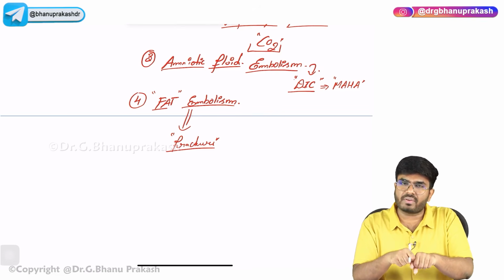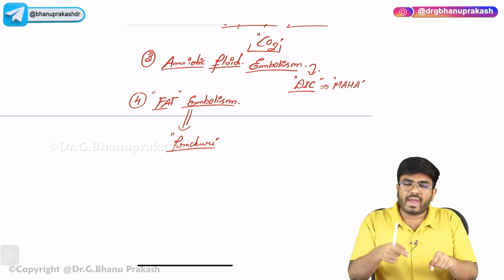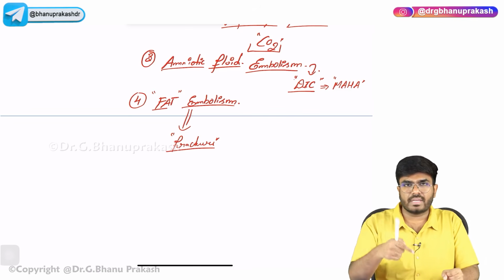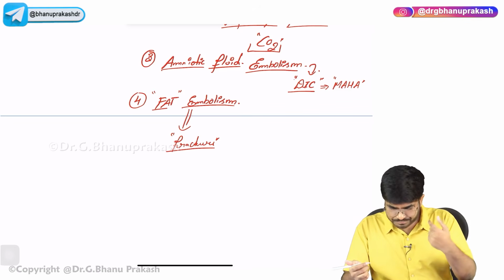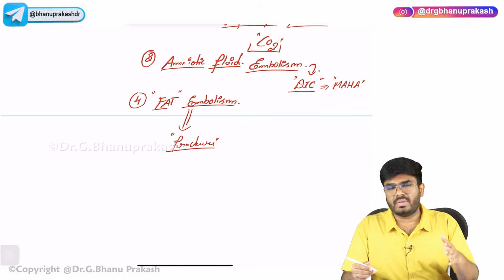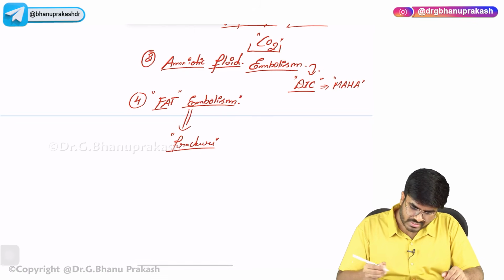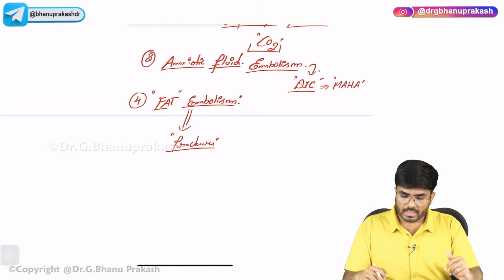If there is a fracture, definitely blood vessels are also damaged. Now these fat molecules enter the blood vessel and circulate within the blood, and this fat can lodge somewhere and cause ischemia and infarction. So the last type of embolism which I want you to know is fat embolism, which is seen with fracture of the long bones.